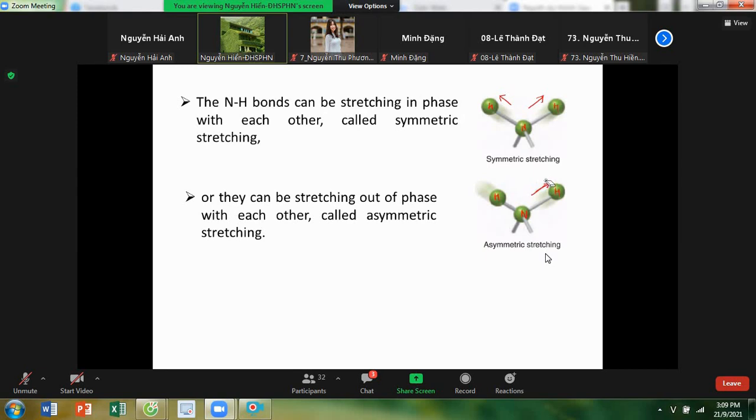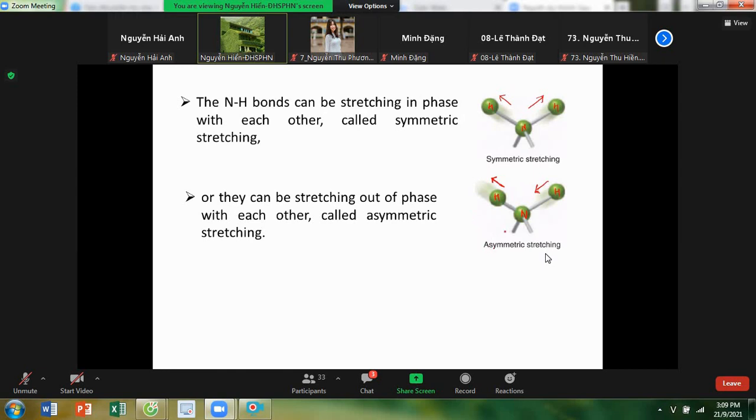This one becomes shorter, and the one on the left becomes longer. The one on the right becomes compressed, and the one on the left becomes stretched. So in this case, you have asymmetric stretching.